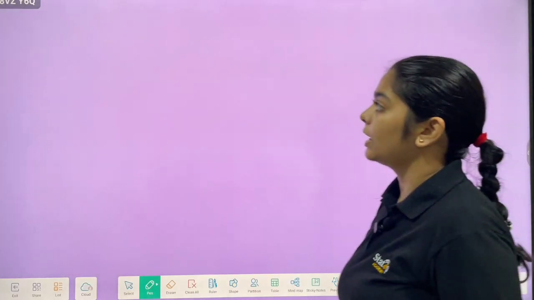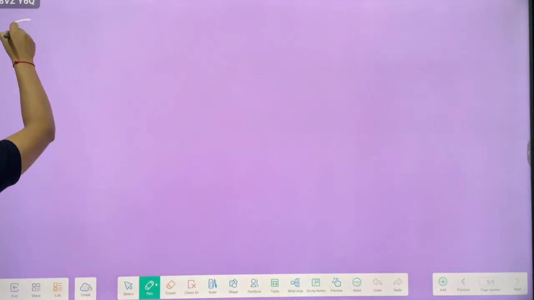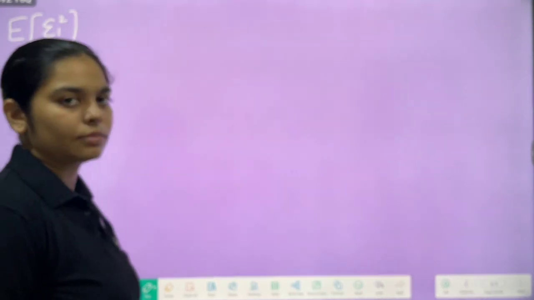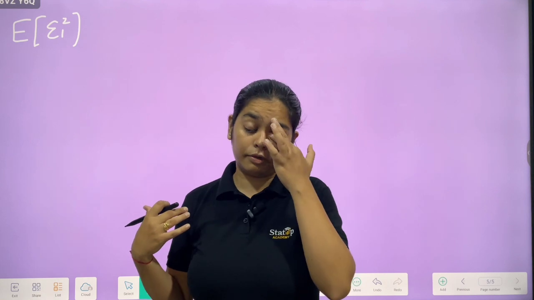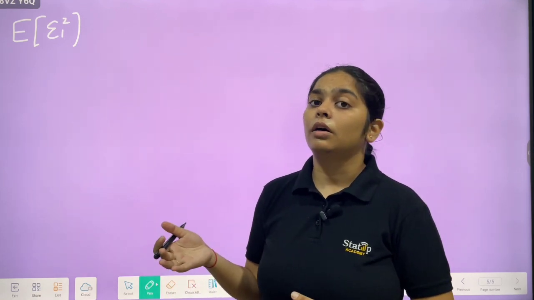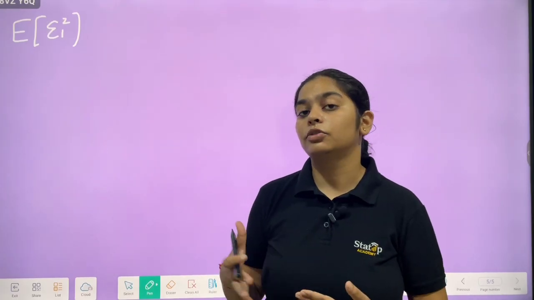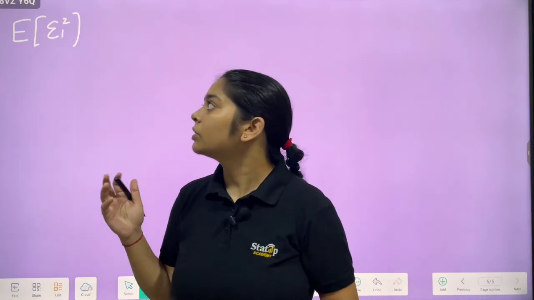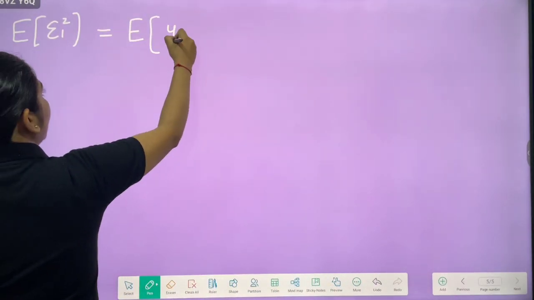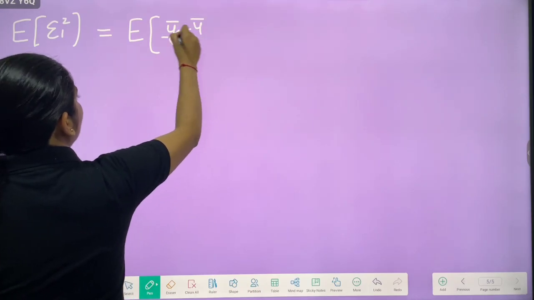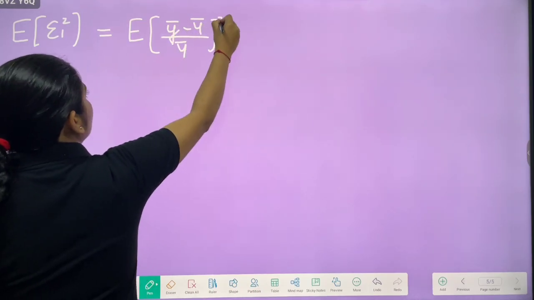Now we will calculate estimation of epsilon 1 square. Why are we calculating this? Estimation of epsilon 1 and epsilon 2, we'll put the values in the formula for ratio estimator, and after that we will take the estimation and variance of that. So we'll be needing both estimation of epsilon 1 and estimation of epsilon 1 square. That's why we are calculating. So it will be estimation of y bar minus capital Y bar upon capital Y bar, whole square.